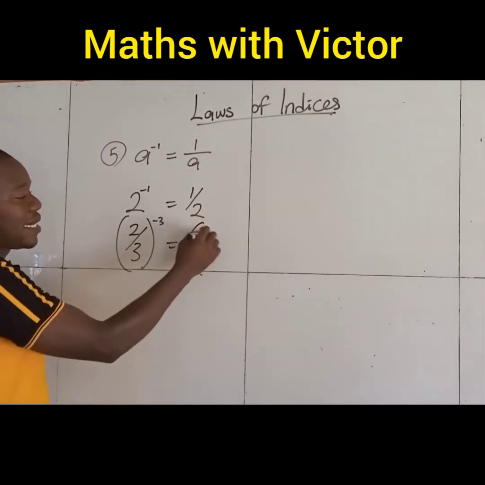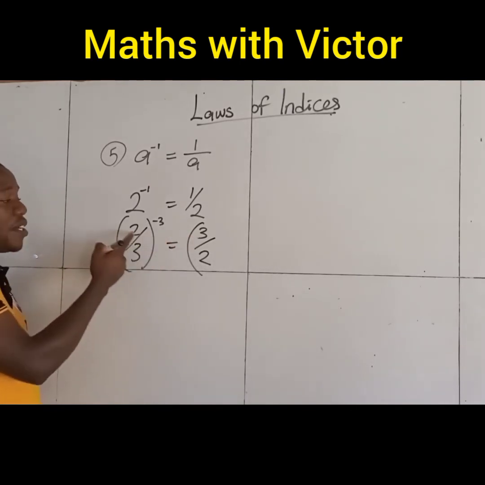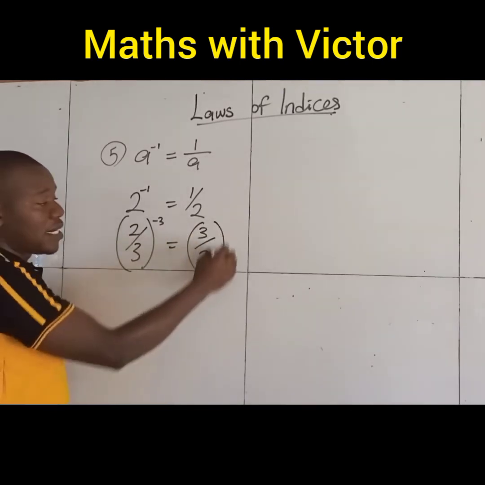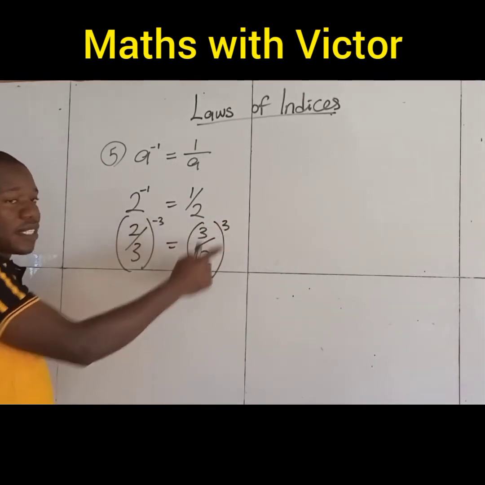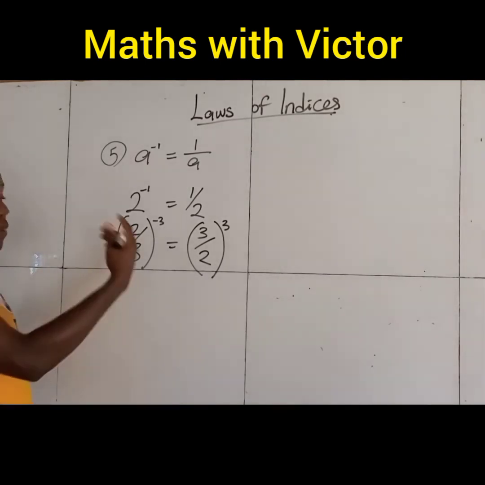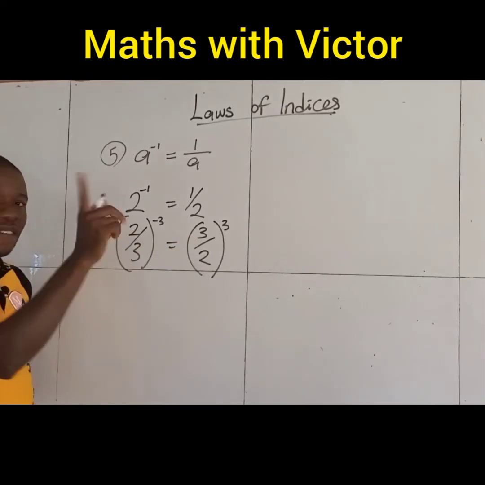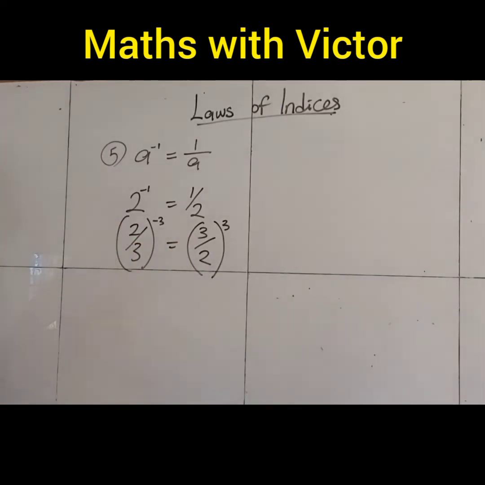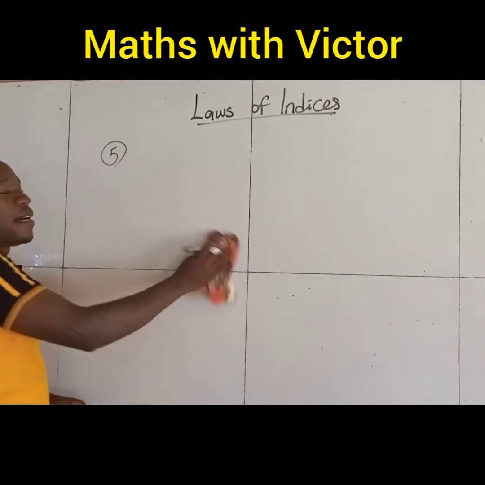That becomes 3 over 2. Denominator becomes the numerator, numerator becomes the denominator, and then raised to the power 3. The power has changed from negative to positive. So in the negative powers of indices, you can change the power from minus to plus, but the quantity must be reversed. Very important.